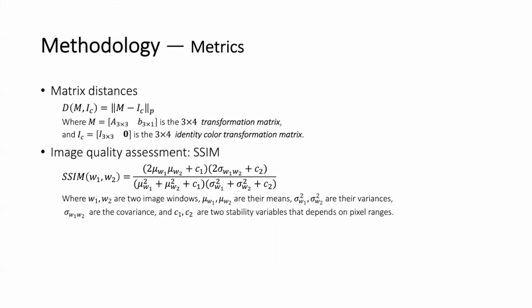The second one is the Structural Similarity Index, SSIM. This is a popular metric for image quality assessment. SSIM can measure the quality of a transformed image compared with the original one by their illuminance, contrast, and structural difference. Larger SSIM means better quality. And we will apply these metrics in the attacks I'm going to introduce.